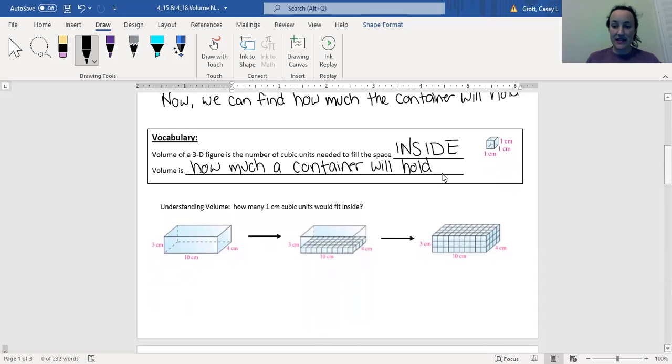So our first example, here's our box. Okay, so here is my length. Here is my width. Here is my height.